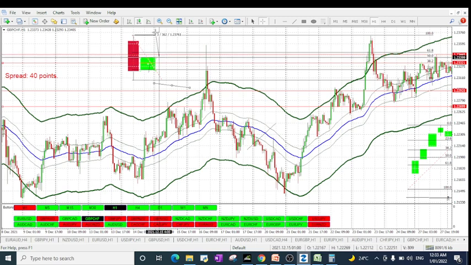Our risk is, instead of risking 70 pips, we are risking 34, 35 pips. And it increases our reward. So we are making 31 pips and we are risking something like 35 pips.